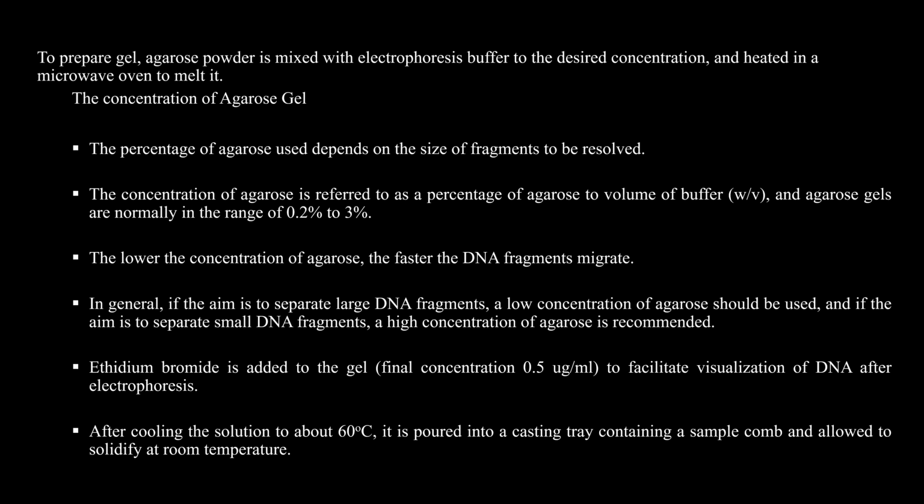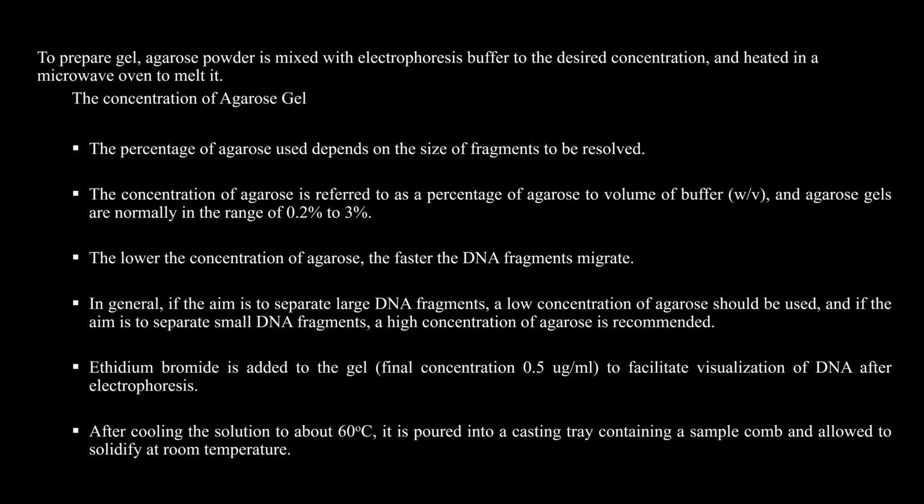To prepare the gel, agarose powder is mixed with the electrophoresis buffer to the desired concentration and heated in the microwave. The percentage of agarose depends on the size of the fragment to be resolved.